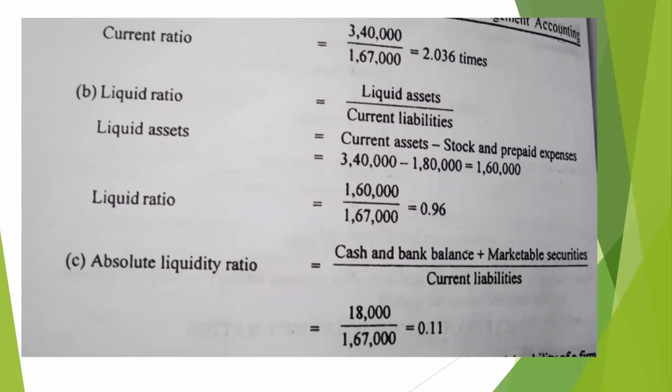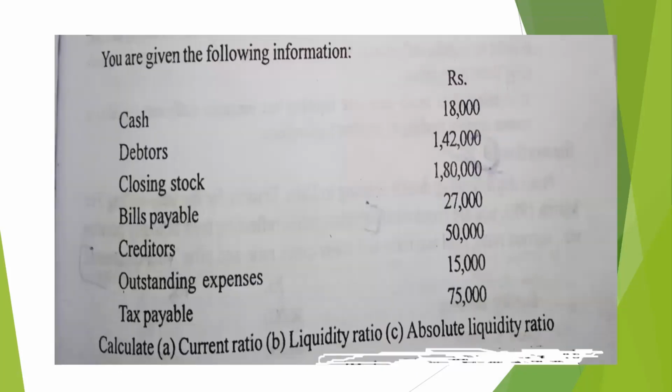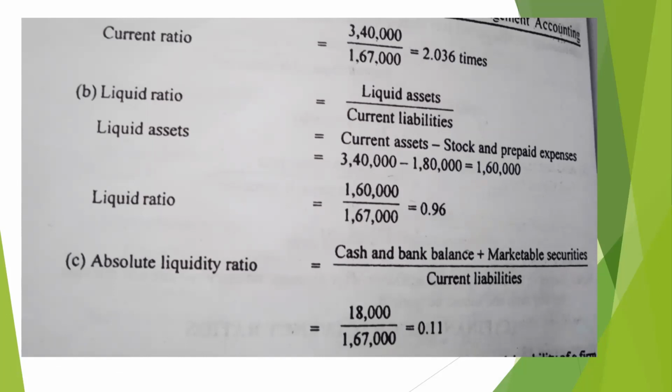So the value of current asset is 3,40,000 minus stock amount, which is 1,80,000. And there are no prepaid expenses. So current asset minus stock is the liquid assets. Current asset is 3,40,000 minus stock value 1,80,000. So the liquid asset is 1,60,000.